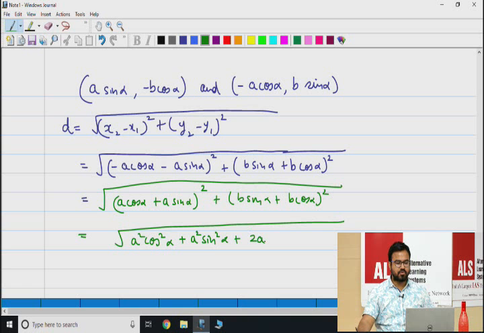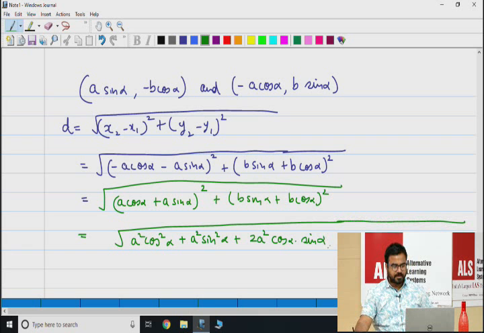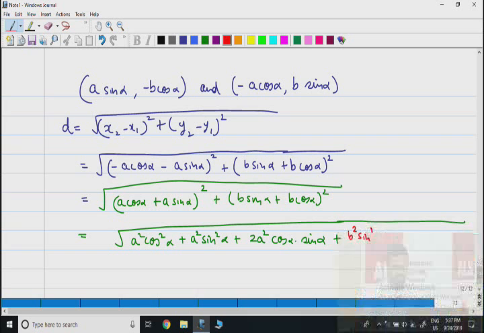So it will become 2a square cos alpha sin alpha. In the same way, when we open the second one, it will become b square sin square alpha plus b square cos square alpha plus 2b square sin alpha cos alpha.